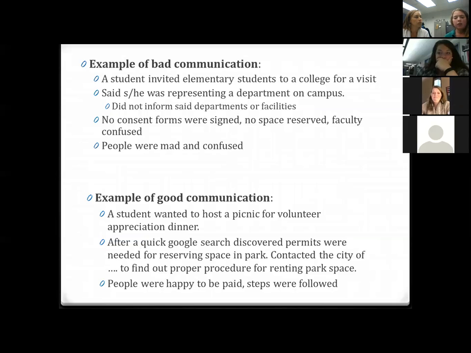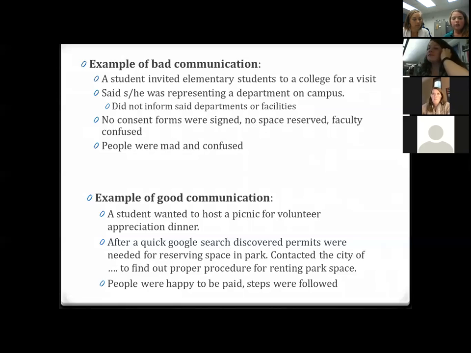However, an example of better communication, maybe not the greatest, but better, would be this: another student was in charge of hosting a picnic for a volunteer appreciation dinner. The student decided that he or she wanted it to be outside at a local park, but was told that maybe she should figure out if there were permits that were needed.